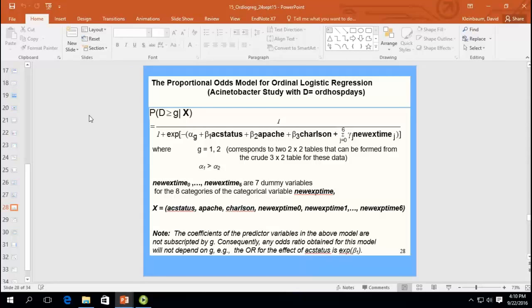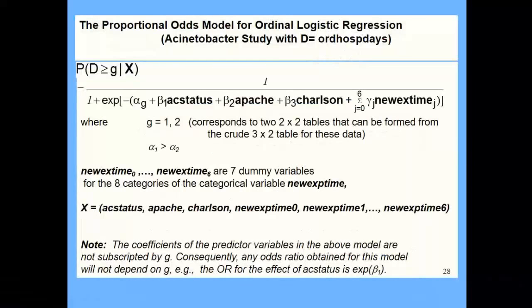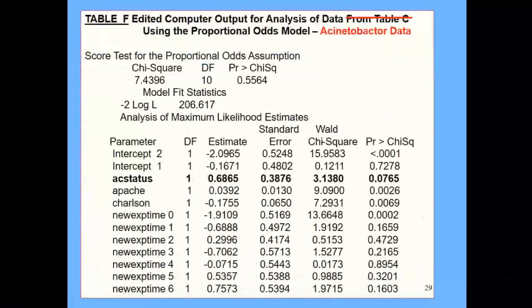So anyhow, this was the model that we considered here, and the exposure variable was AC status. There were 3 sets of variables in the model: Apache, Charleston, and age, categorized into 7 groups. When you ran this model, you got this output.